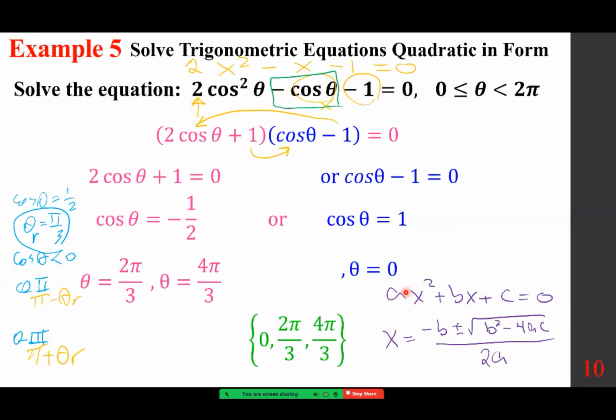If we can't factor it, ax squared plus bx plus c equal to 0, x is minus b plus or minus the square root of b squared minus 4ac over 2a. We can use the quadratic formula to solve.